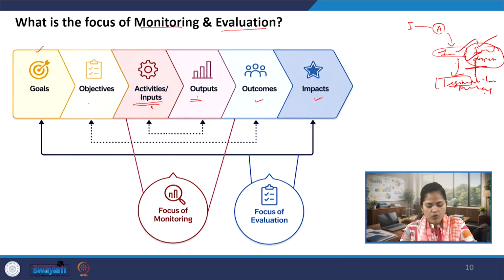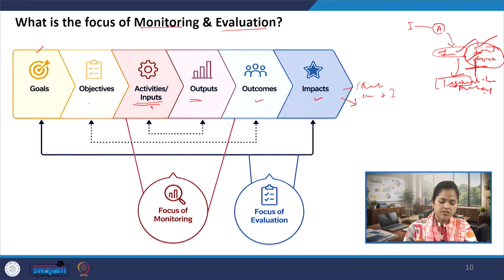We also know the difference between outputs and outcomes. Outputs are a very short-run result, but outcomes range between medium and long term, and impact is long term, not only numerical or quantitative but also qualitative in nature, the long-term consequences of a policy.